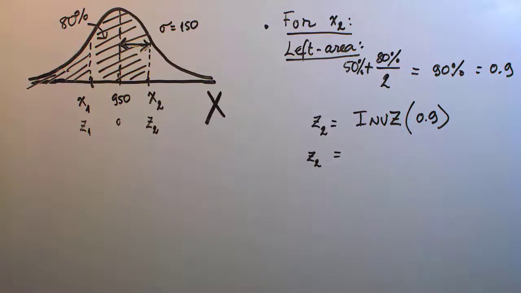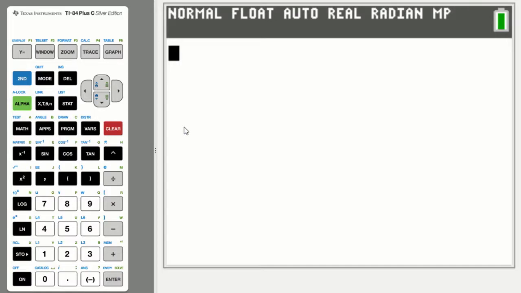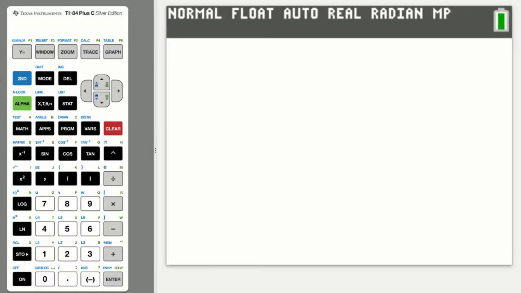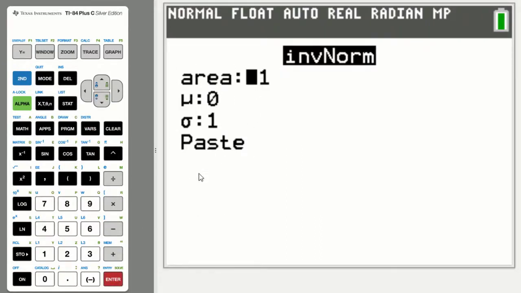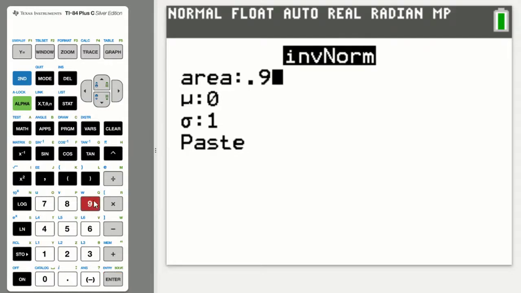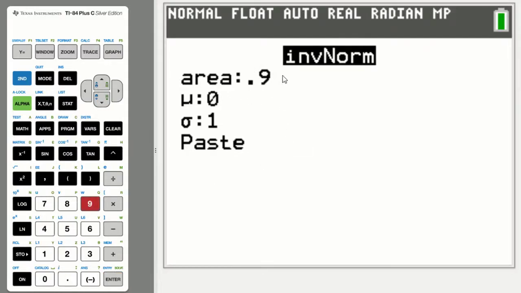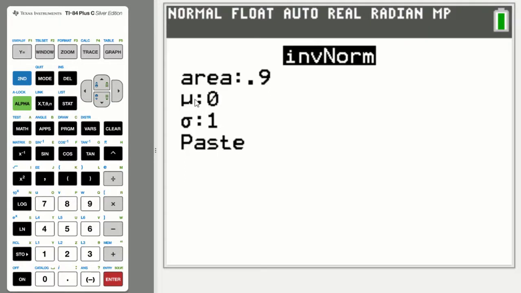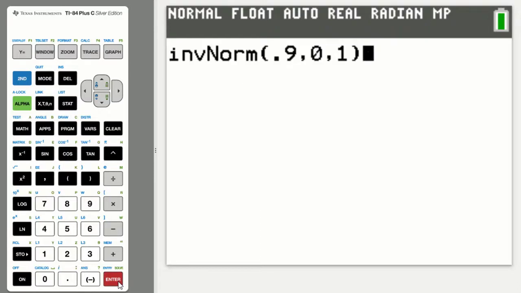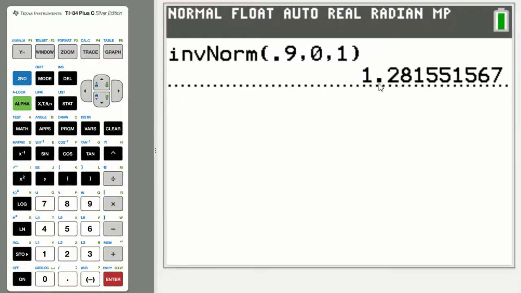Z2 here comes out first with the invNorm command on the TI-83 calculator. Now I'm going to input 0.9, as this is our known area shaded to the left-hand side of z-score 2. And again, we are going to default these two values at 0 for mu and 1 for sigma. And so this is the z-score for z2 right here.